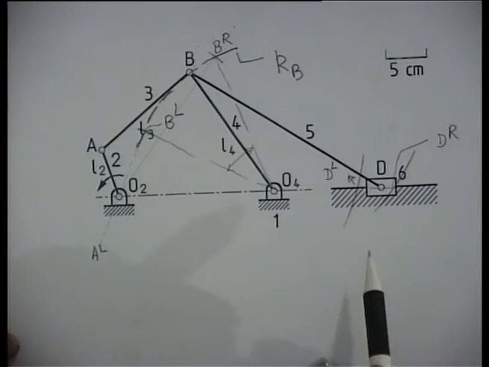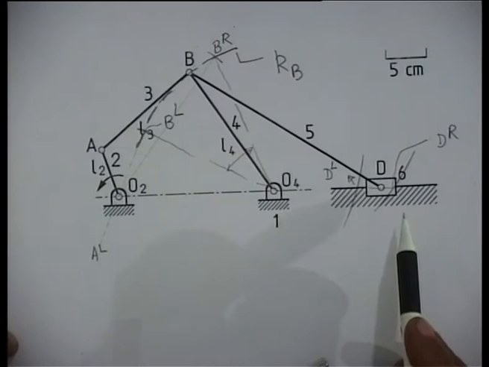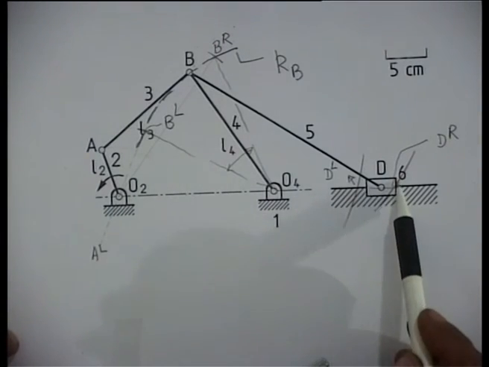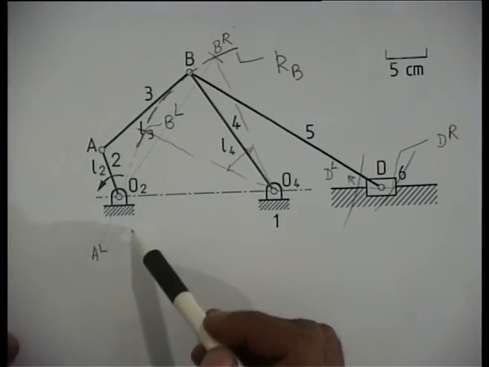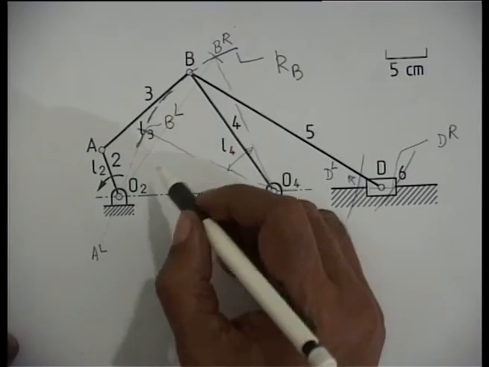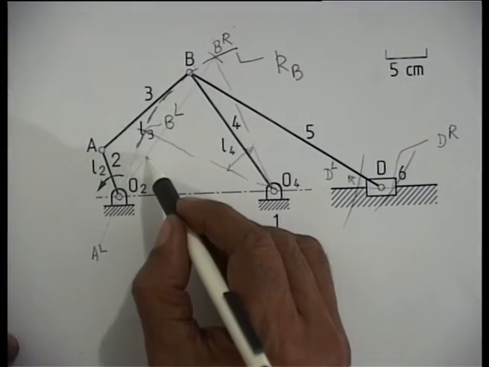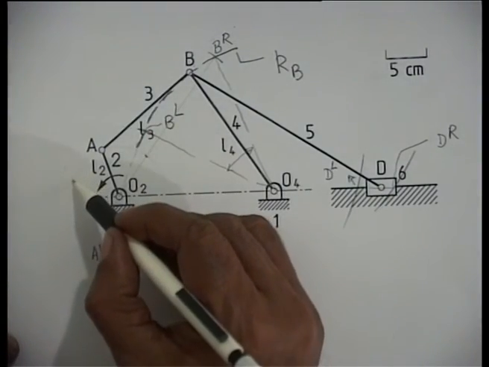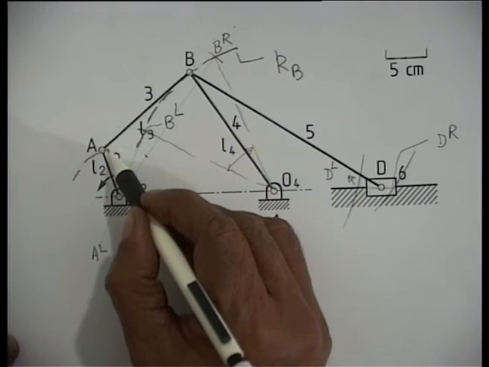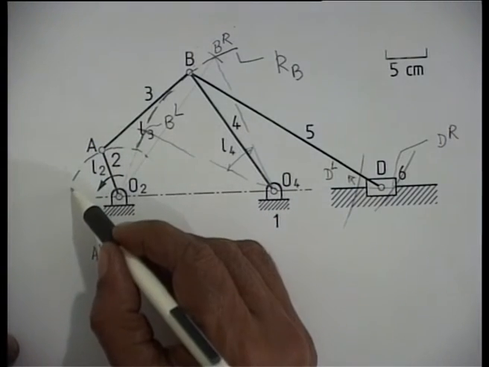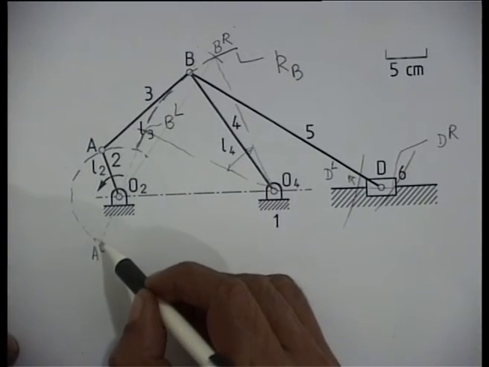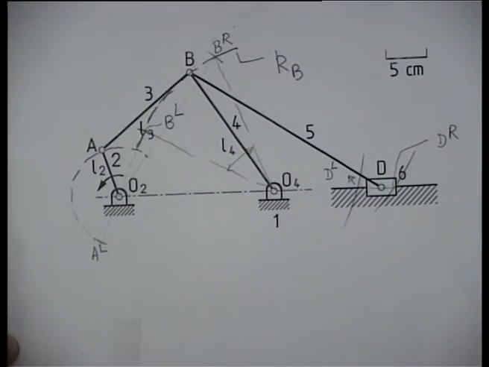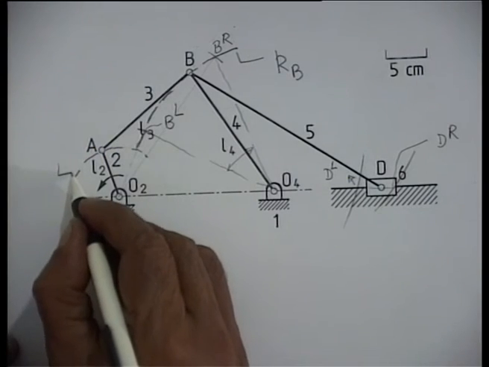Now, to determine the quick return ratio, that is the time taken from left to right and right to left, I can find out, assuming of course that link 2 rotates at uniform speed. For BR, the corresponding point of A, this is the circle on which A moves, with O2 as center and O2A as radius, which we call KA.